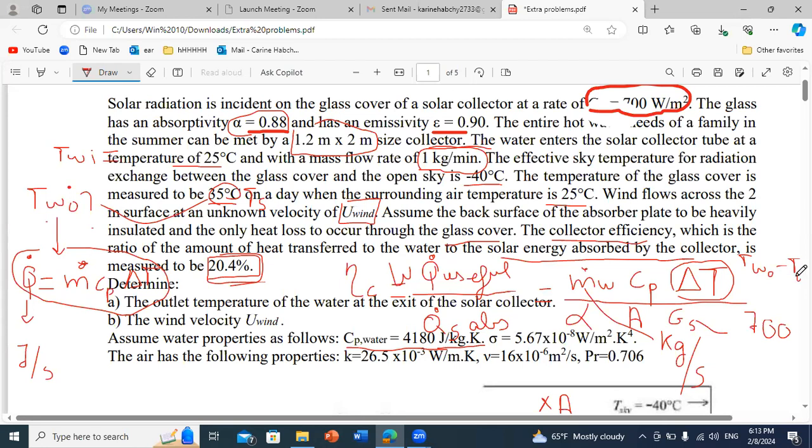And of course, in case you know that, for example, let's say for shower, we need to reach water temperatures above 70 degrees in order to kill some types of bacteria. So in case you got a value lower than the one desired, you should, for example, decrease the mass flow rate, because for the same Q absorbed, if you want to increase delta T, you need to reduce m dot.